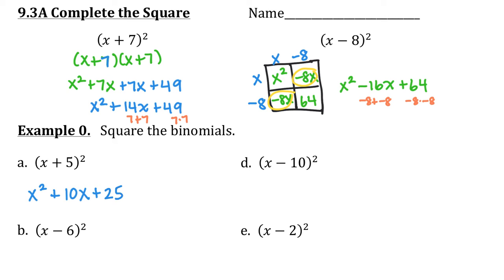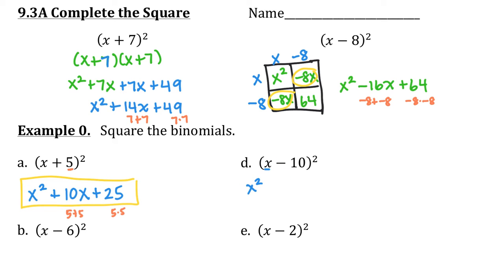So if I were to multiply that, I should get this polynomial, and the reason I got this is because x times x is x squared. This is 5. If I do 5 plus 5, I get 10. If I do 5 times 5, I get 25. So the pattern works. I'm going to do the next one the same. I'm going to use the pattern rather than multiplying it out. Since it's an x, x squared.